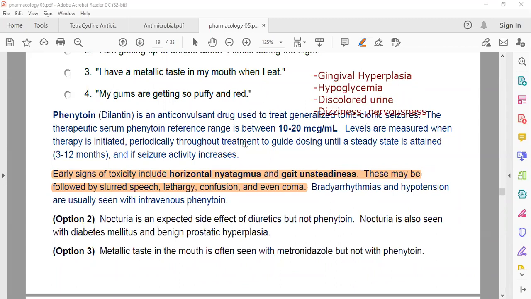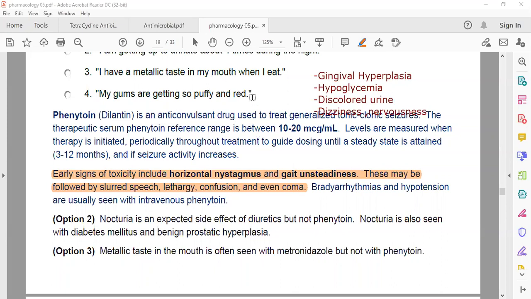So if our patient takes an anticonvulsant like phenytoin, it can become toxic in the body, and it can cause dependency.